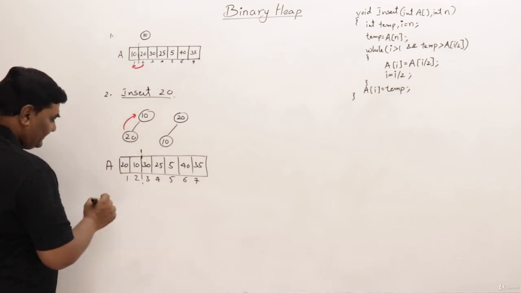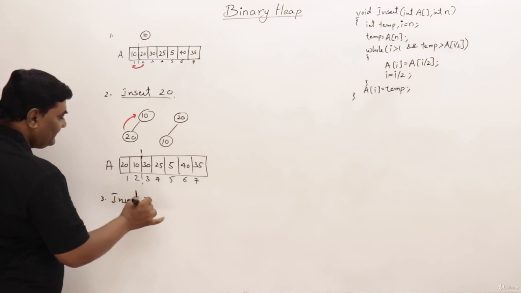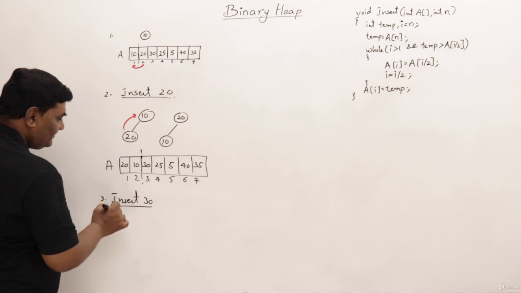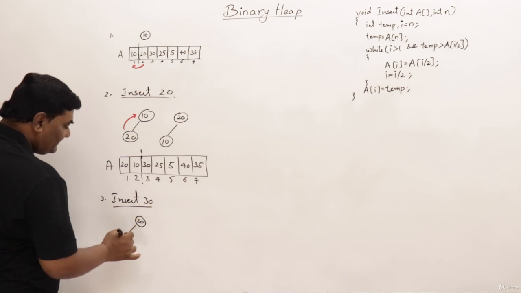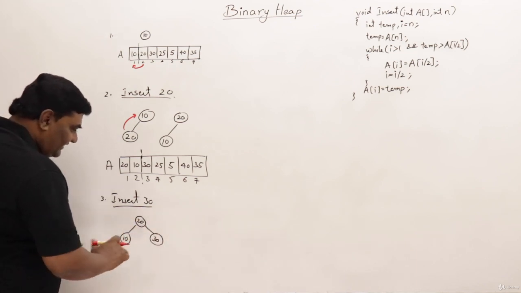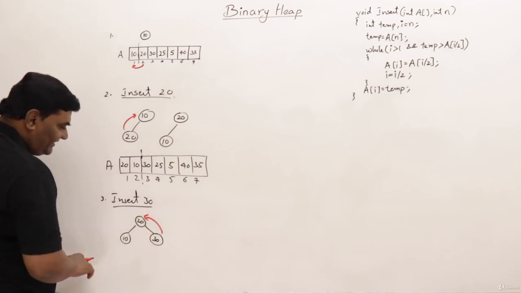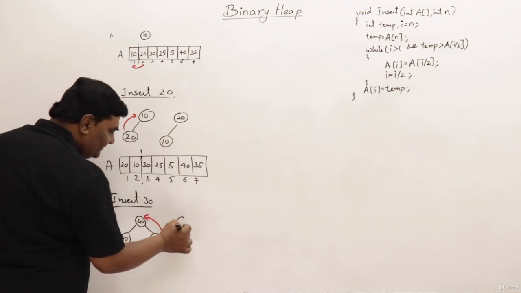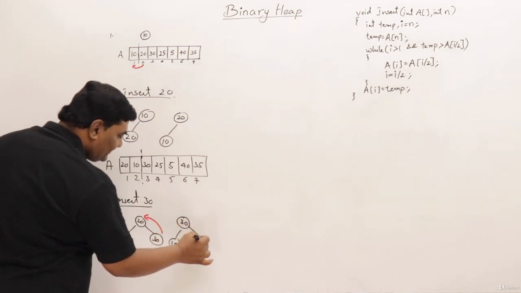Now the next element is 30. So third step, insert 30. Diagrammatically, right now the tree is 20 and 10. So 30 is on this side, newly inserted. Compare with the parent. 30 is greater than the parent, so 30 goes to the parent's place and 20 comes in the place of 30.